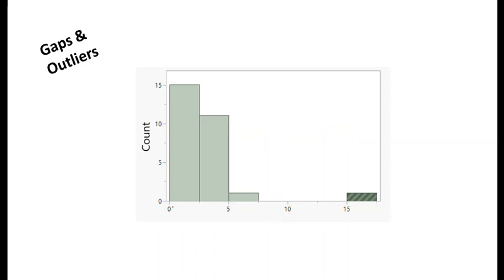We have values from 0 to about 2.5, to 5, and so on and so forth. However, from 10 to 15, there are no values at all. Or more accurately, from about 7.5 all the way to 15, there are no observations at all. So this is called a gap in our distribution.